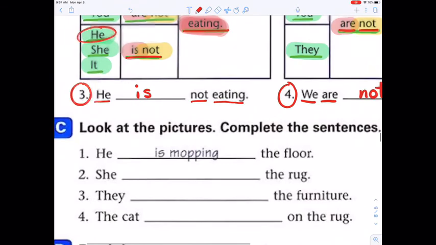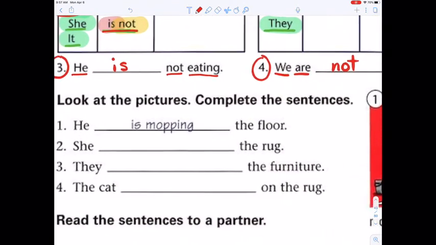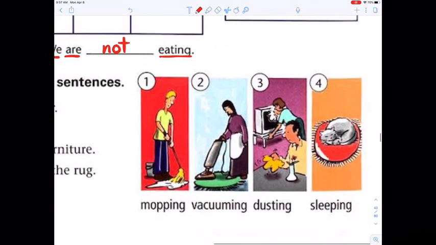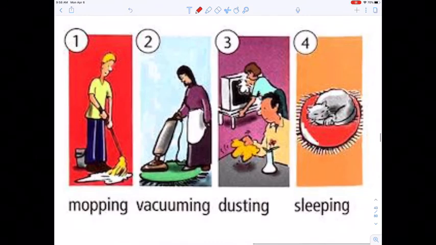Let's take a look. We have some pictures and we can complete the sentences. Let's take a look at these beautiful pictures. Number 1. Mopping. Number 2.